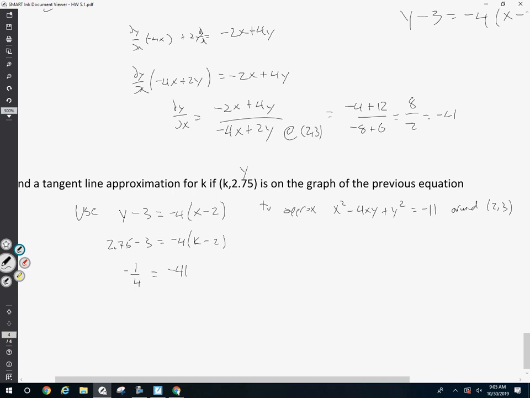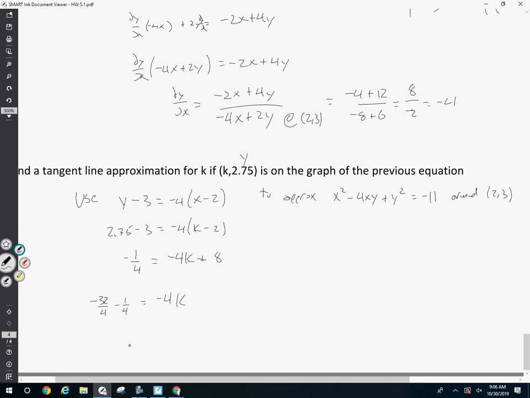Negative 4k plus 8. Subtract 8, so that's subtracting 32/4. That's negative 33/4. I will divide by 4. K will be approximately positive 33/16.